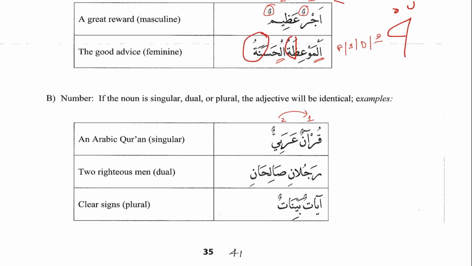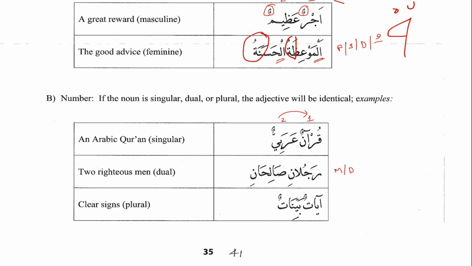Similarly, we have the second example, rajulani salihani. So rajulani, of course it's talking about male, masculine, and it is dual, rajulani. We will cover this also inshallah, how to identify singular, dual and plurals in the following lessons, but right now you can trust me that they are dual.